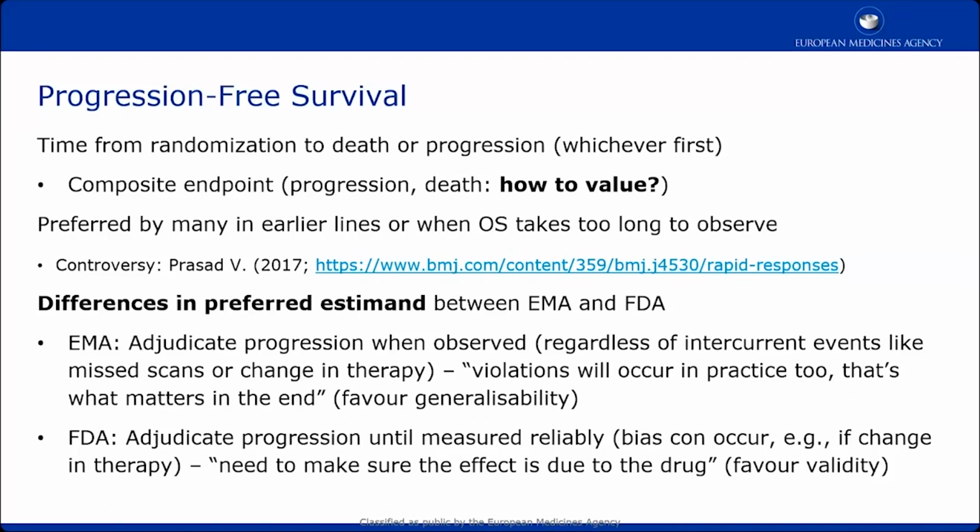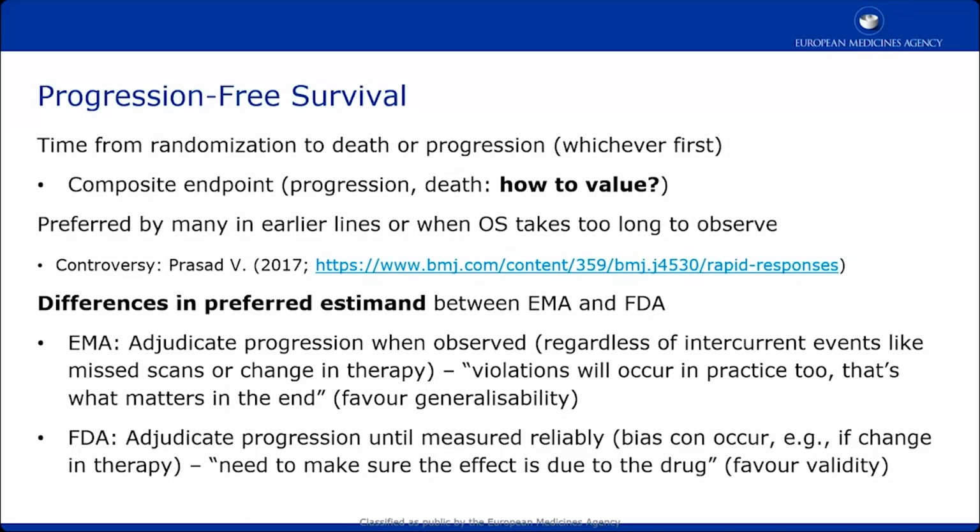But if you want to look at a regulatory controversy, this is one where people have really written about how regulators get it wrong, and that all those justifications for using progression-free survival are actually not that great. And I invite you to read some of the literature here.